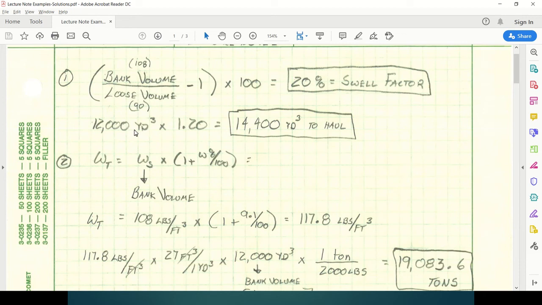So I just add that back to the 12,000, and I get 14,400. So that's basically what I'm doing by putting the 1 in front of there. Okay, 1.20. That's different ways to do this problem. So that's number 1. So I've got to haul 14,400 cubic yards.